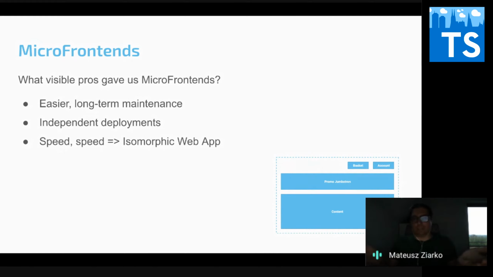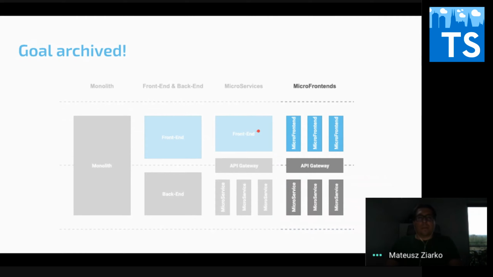Content is going to be fetched and presented, because it's just a single page and client-side rendering. So we are not losing time re-rendering everything. That's the basic example of an isomorphic web app. And we've got the goal of a micro frontend achieved.